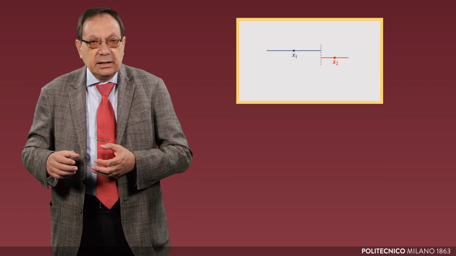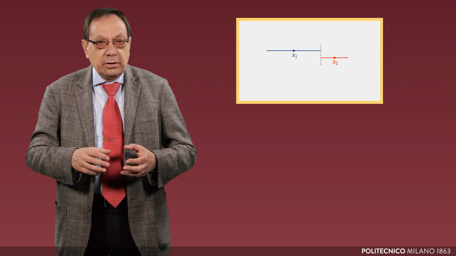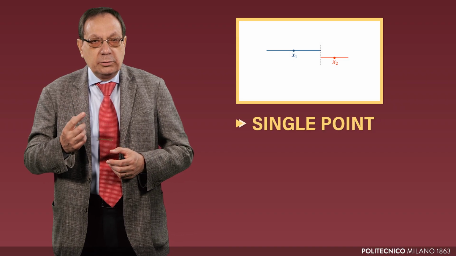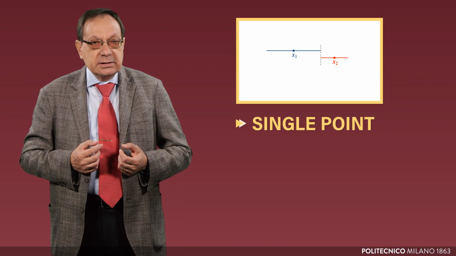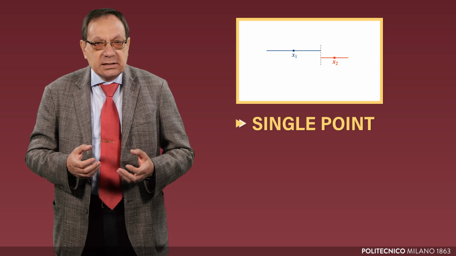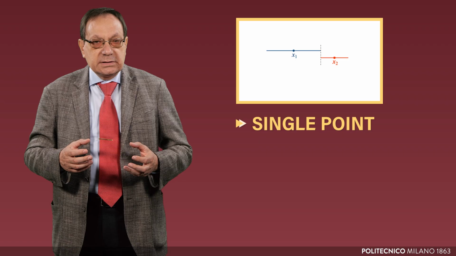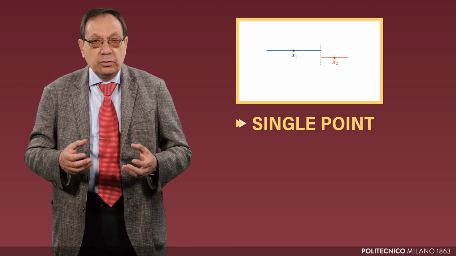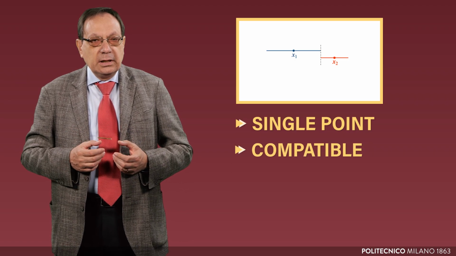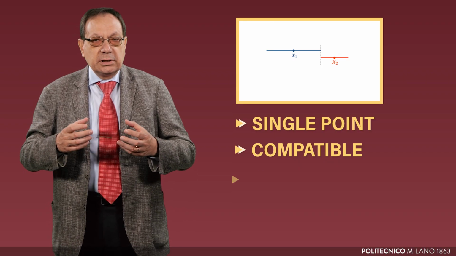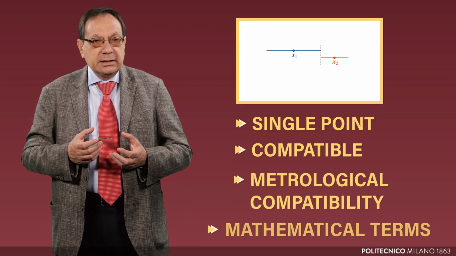Bear in mind that this also applies in the limit case that you can see here, and that very rarely occurs in practice, where the two intervals have only one common point at their extremities. Even in this case, we cannot state that they refer to different measurands, and therefore we must conclude that they are compatible.